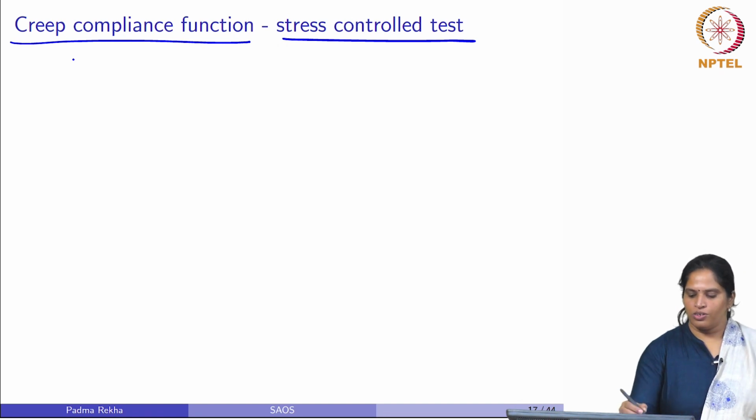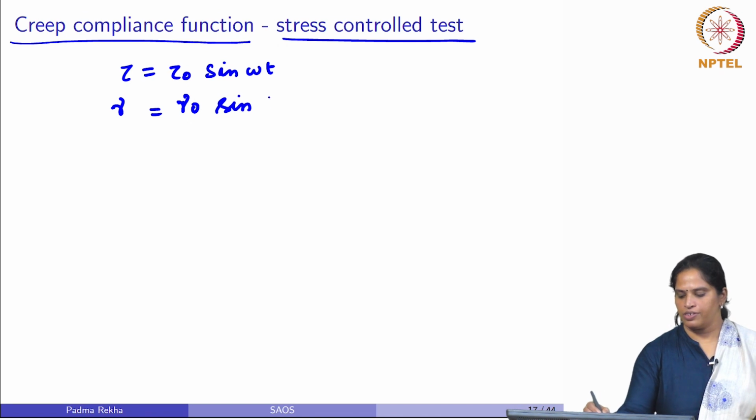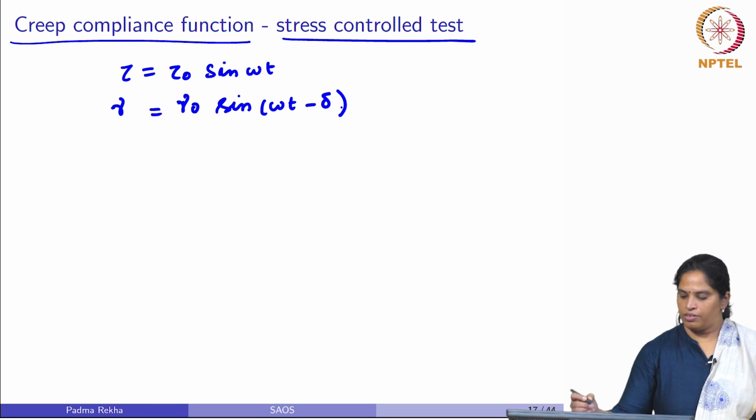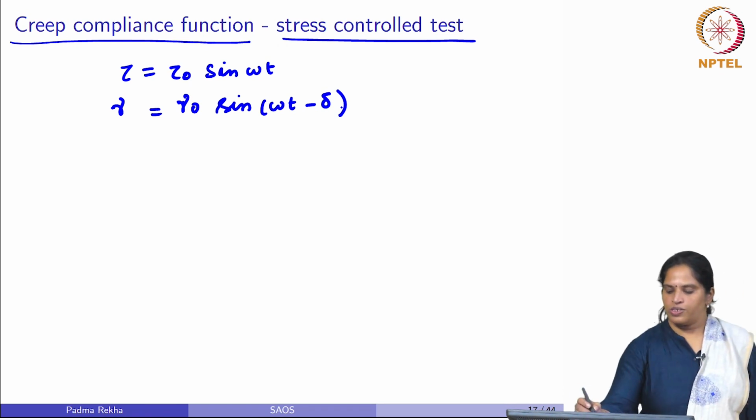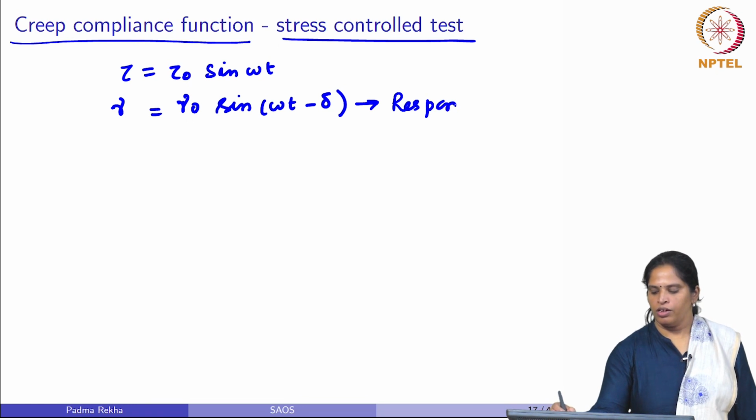In the stress control test, we control the stress in a sinusoidal pattern, and the response strain will also be sinusoidal with a lag. This is the ideal viscoelastic material behavior. So this is the response function.